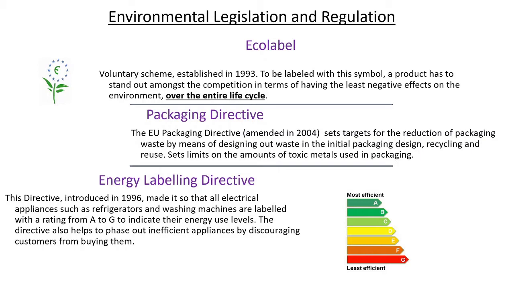And then the last one on this slide is the energy labeling directive. You've probably seen this sticker in your house quite a lot. Basically, any white goods, so anything electrical, like your fridges, your freezers, your dishwashers, your washing machines, your kettles, your microwave, all of these have to have it by law to show how energy efficient something is.